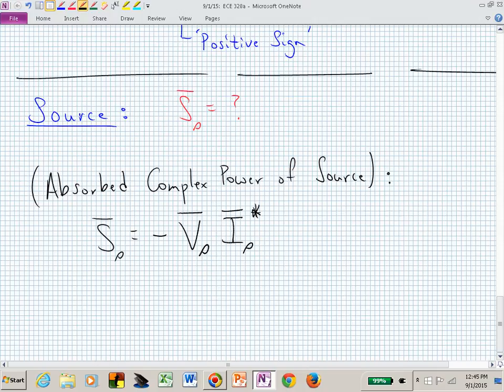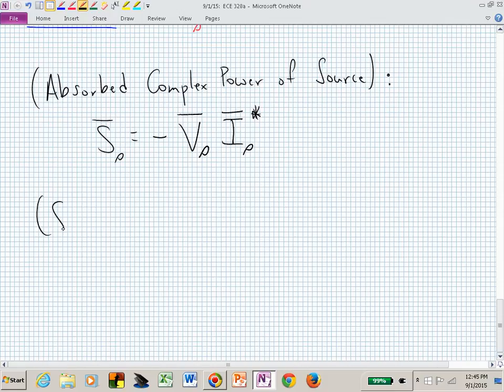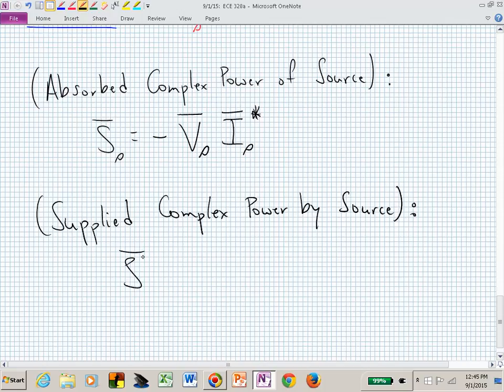That's the amount of absorbed complex power of the source, which really means that we could be asking, what is the supplied complex power, or the complex power supplied by the source? Maybe I'm not wording it in the best way, but now if we said, what is S sub S bar, this maybe is going to be really confusing since I'm using the same symbol, so I'll say that's a hat.